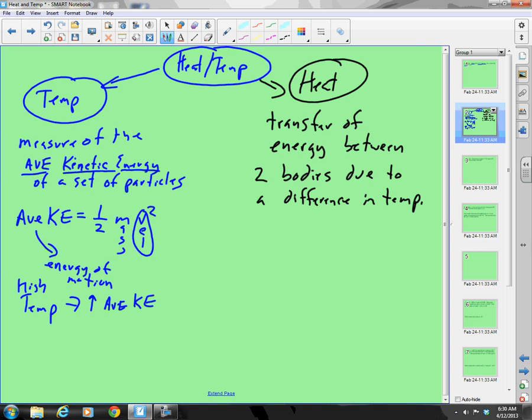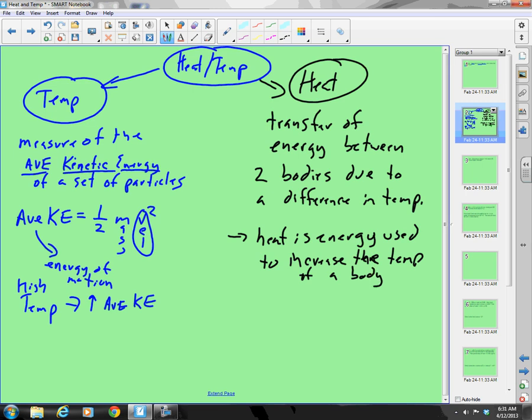Okay, cool. Now, another way to really think of this is that heat is energy used to increase the temp of a body or set of particles.